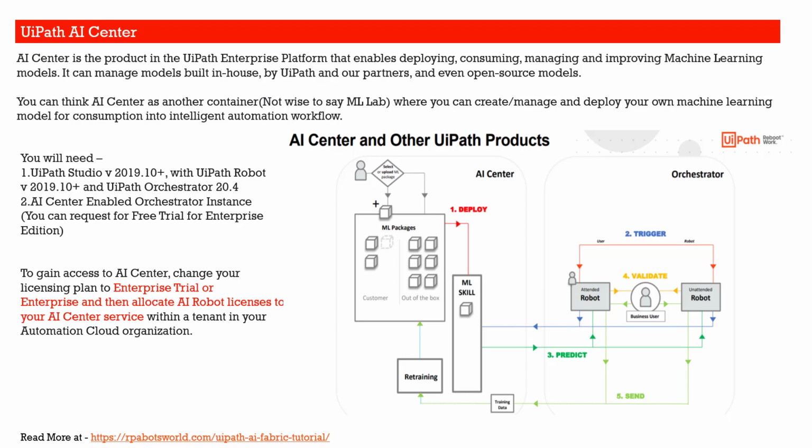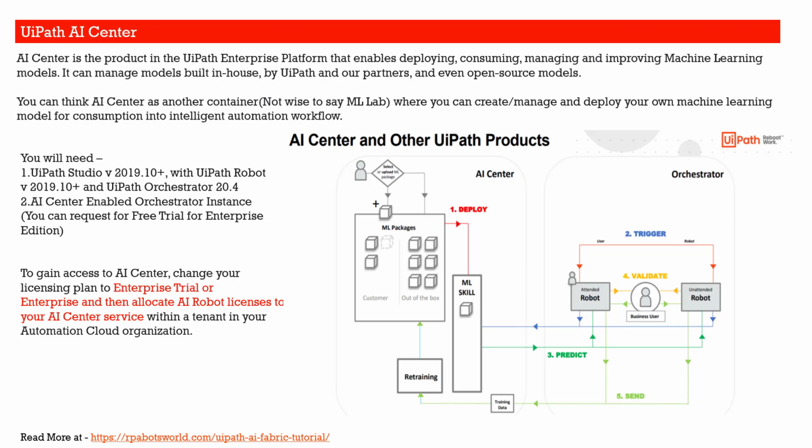So let's quickly look at the various components of AI Center. AI Center basically contains ML packages, ML skills, ML logs, and then pipelines, which are required for retraining, and obviously the datasets.